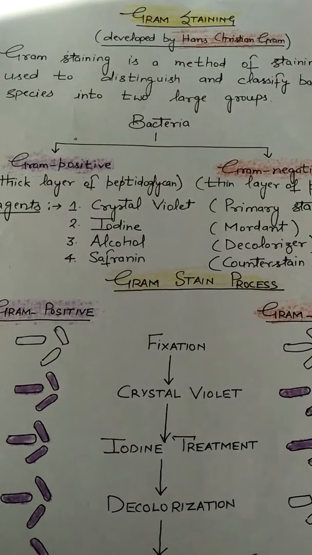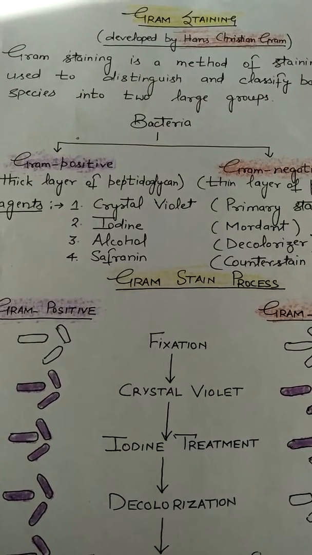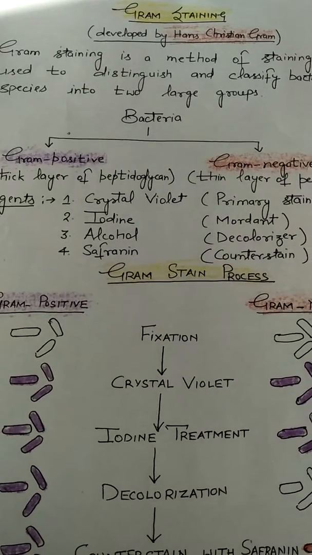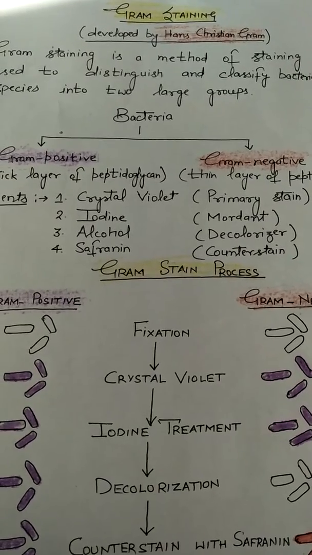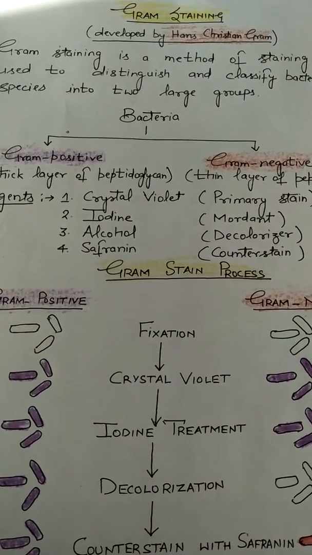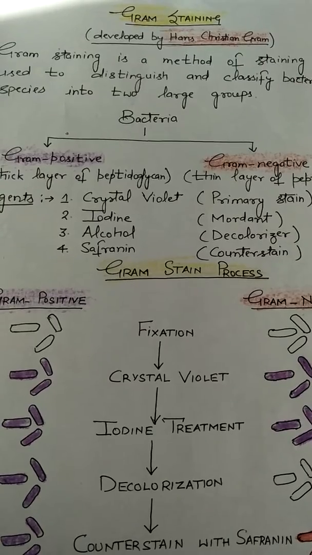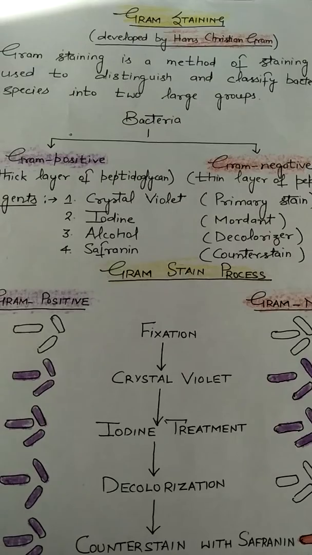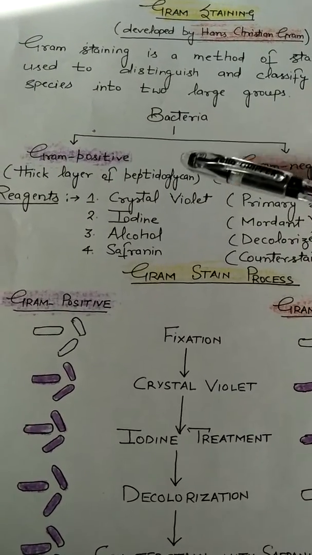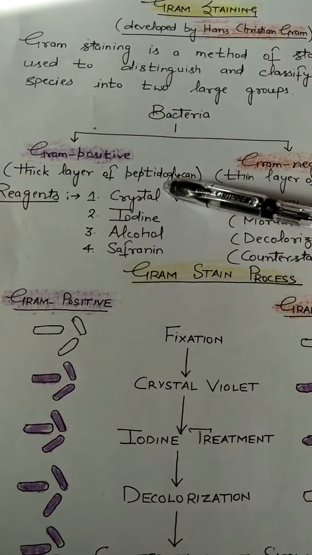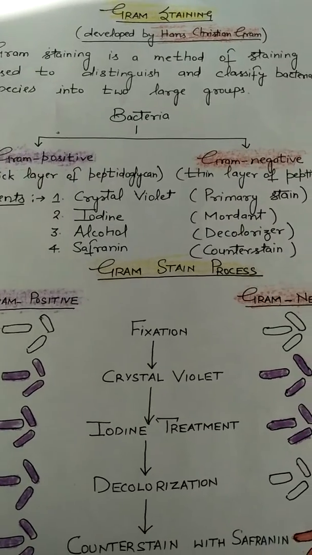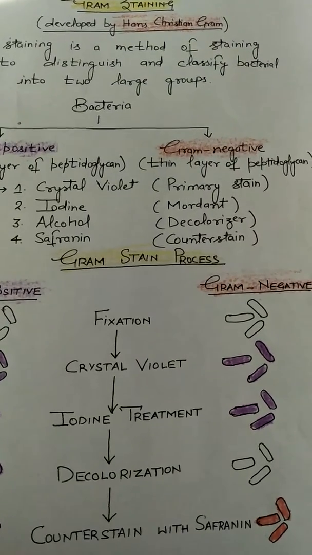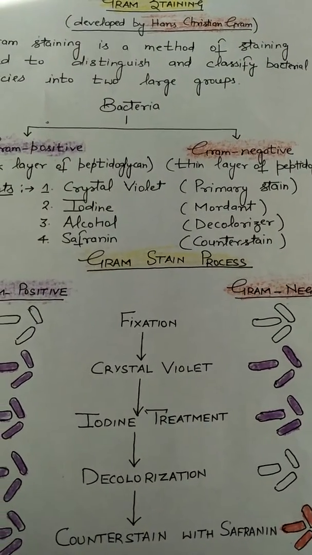So, gram staining is a differential technique used to distinguish two large groups of bacteria based on their cell wall constituents. Let me tell you here that the main difference between gram positive and gram negative bacteria is their cell wall composition. The gram positive bacteria, you can see here, they have thick layer of peptidoglycan, whereas gram negative bacteria, they have thin layer of peptidoglycan, right?